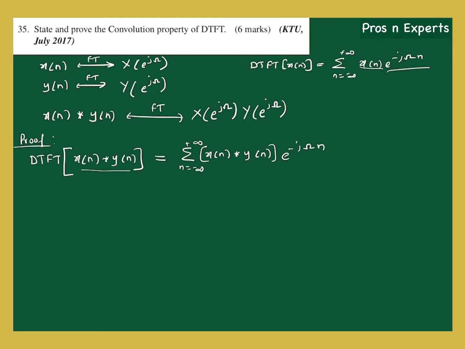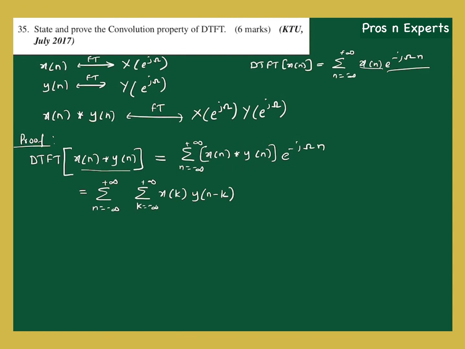So this is equal to sigma over n equal to minus infinity to plus infinity, and I know how to expand x of n convolution y of n. We have studied in the first module. So this is sigma over k equal to minus infinity to plus infinity x of k into y of n minus k. This much is nothing but the definition of convolution sum, x of n convolution y of n.